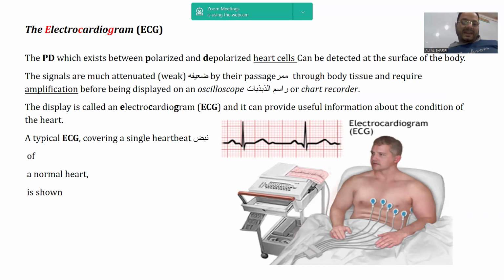At first, this electrocardiogram's goal is to examine the condition of your heart. If your heart is normal, we can know that from this diagram. If something changed, something happened, we will know that from some changes in the curves.